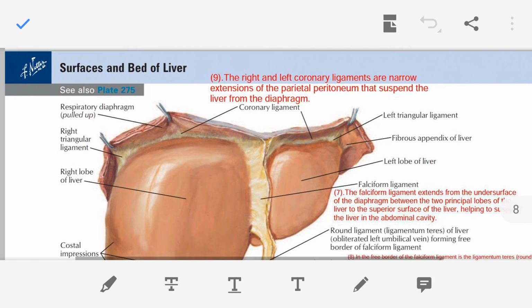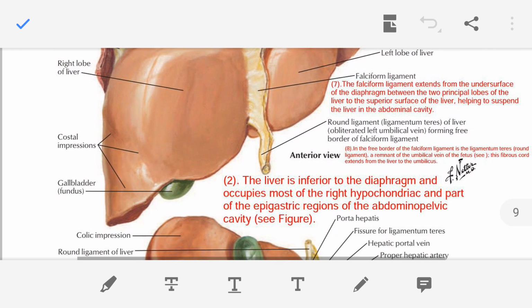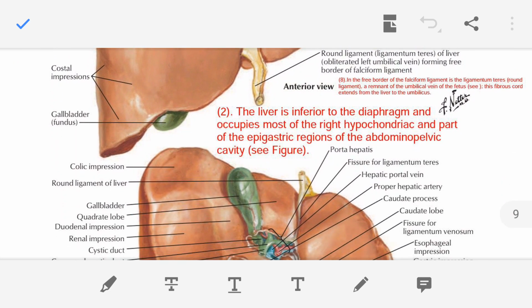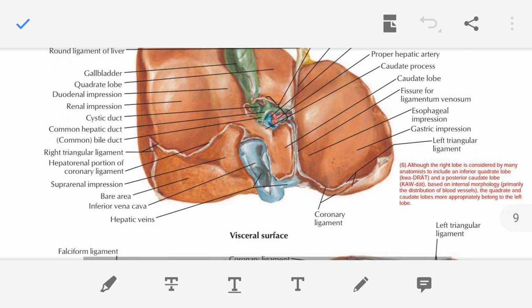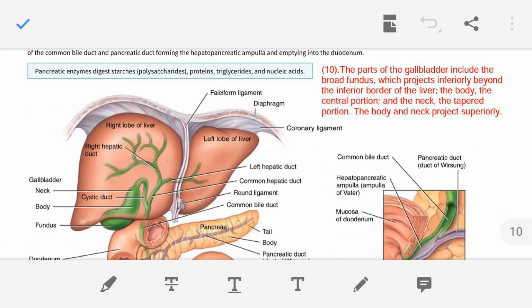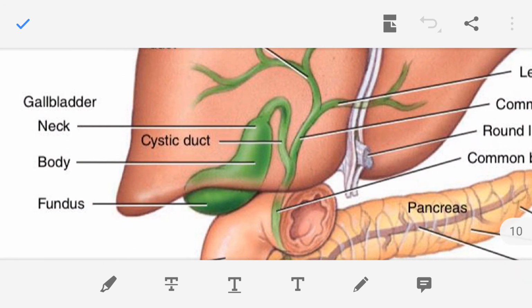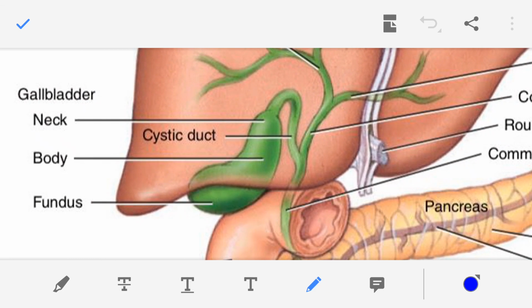Now with this, we have completed the 9th point. Now moving on to the last point of today's lecture, the 10th point. In the 10th point, we are discussing the parts or regions of the gallbladder.